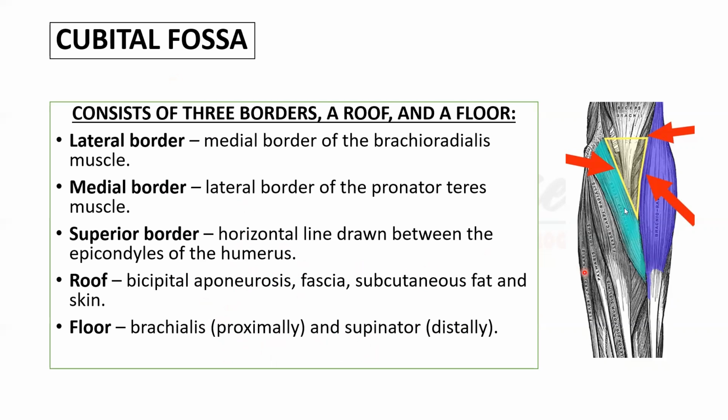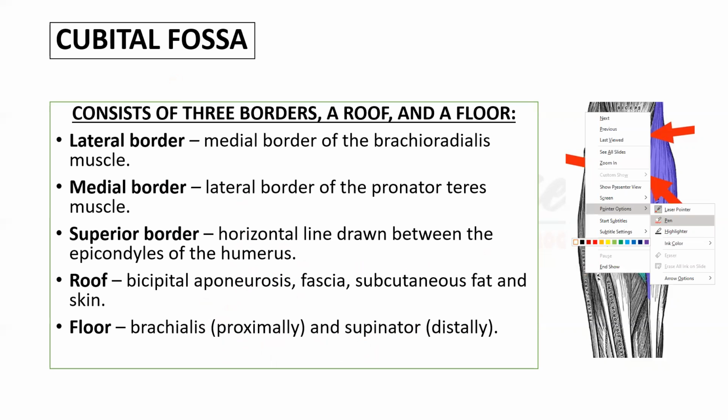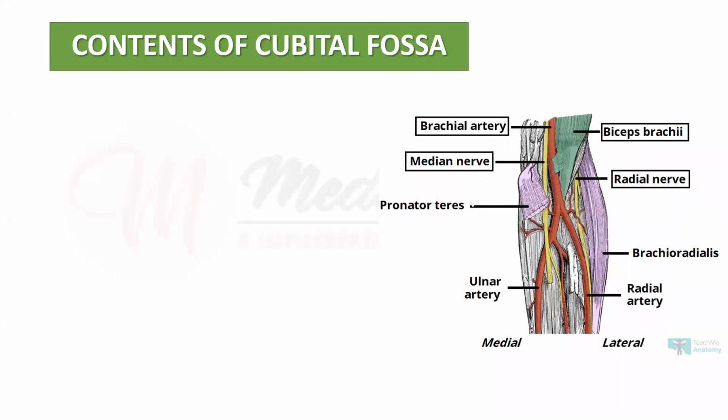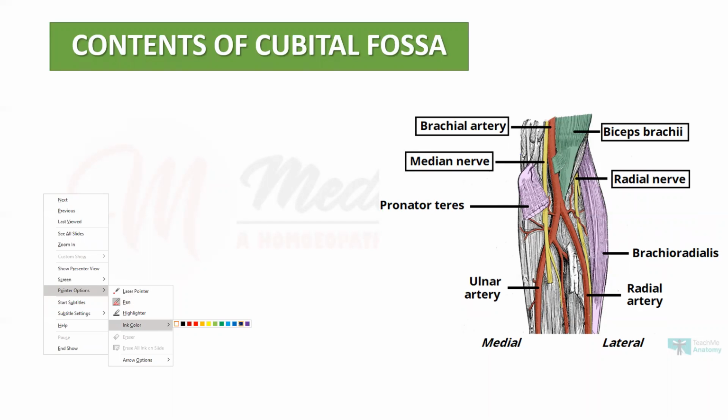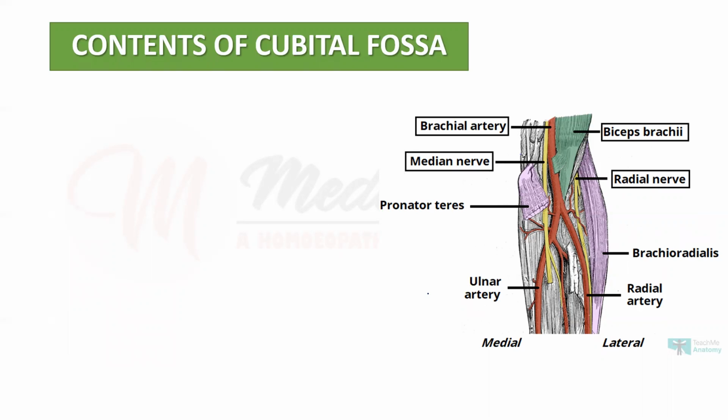Next, let us see what the contents of the cubital fossa are. The first content which we are talking about over here is the radial nerve.